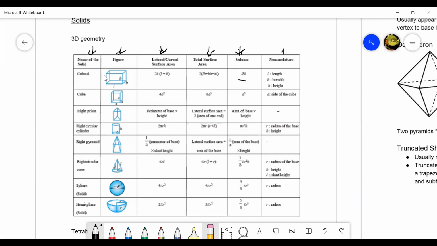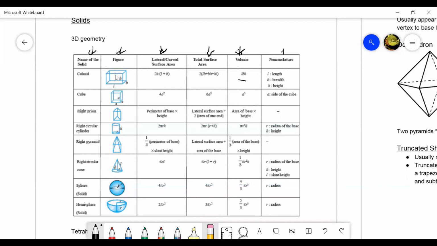The way you would find the volume of this would be to take the area of the base of your shape and then multiply by the height of the prism. Like how the cuboid is length times width times height, and the area of one of the bases is length times width.